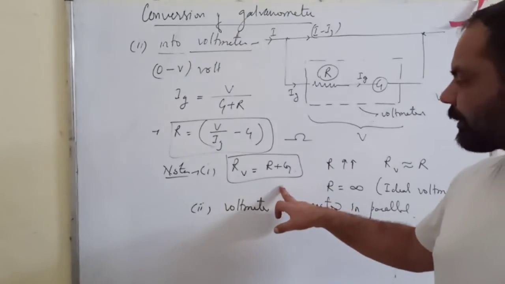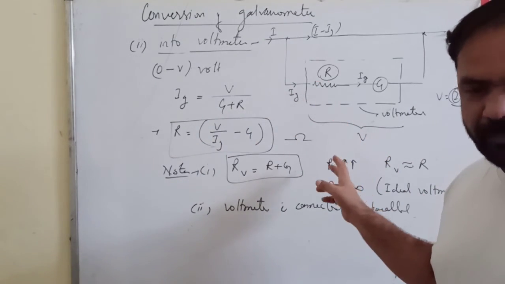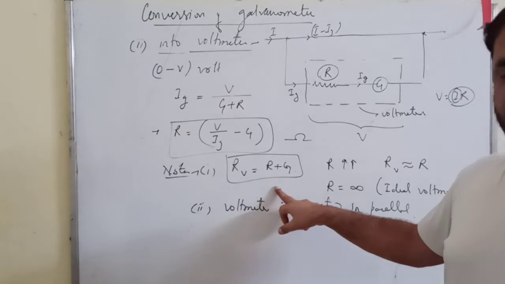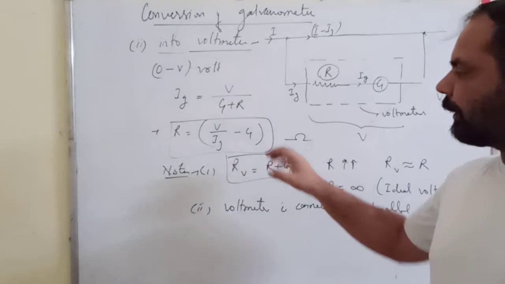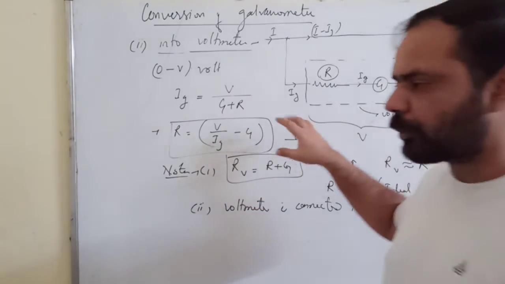The resistance of the ammeter is Gs upon G plus S. The resistance of the voltmeter is R plus G. And how can you obtain the formula for how much resistance is needed to be connected?